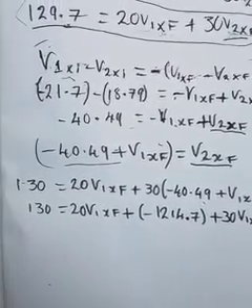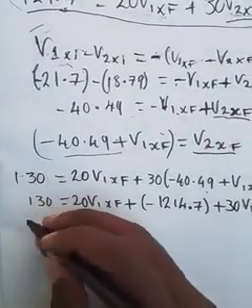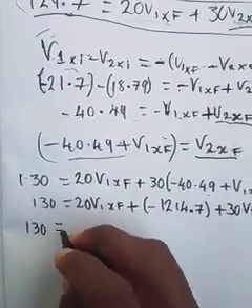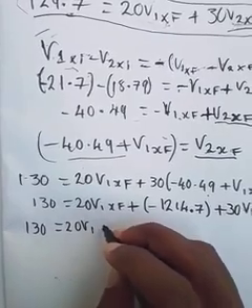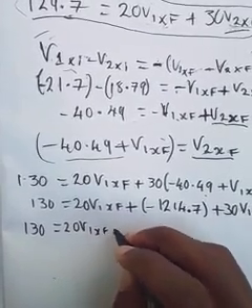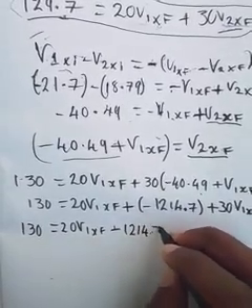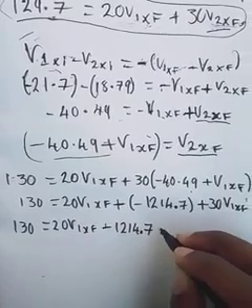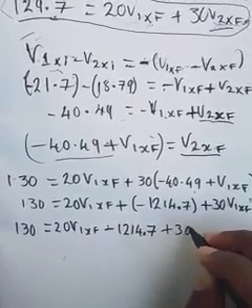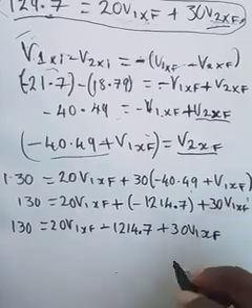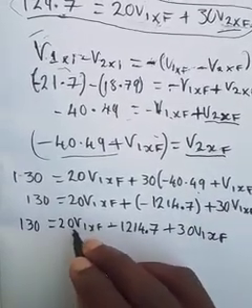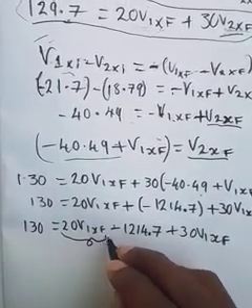So now we have 130 is equal to 20 V1xf minus 1214.7. I hope I don't make a mistake. Okay, so these are like terms. Can you see that?